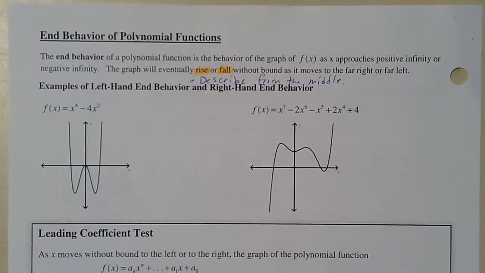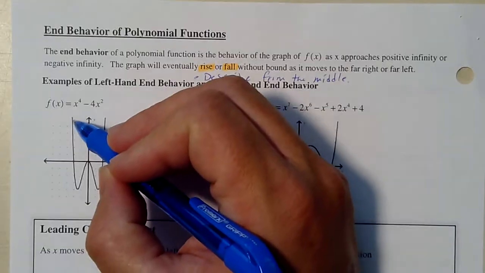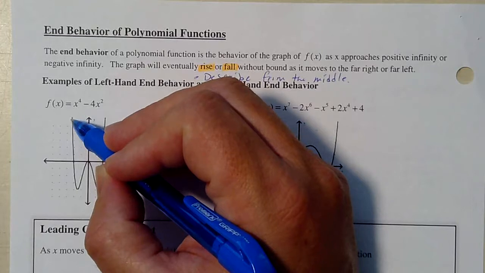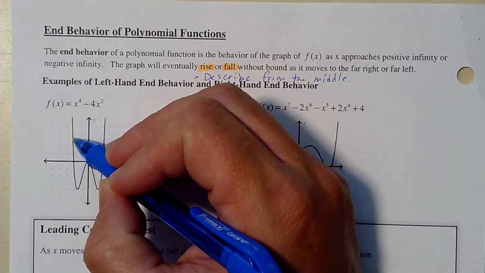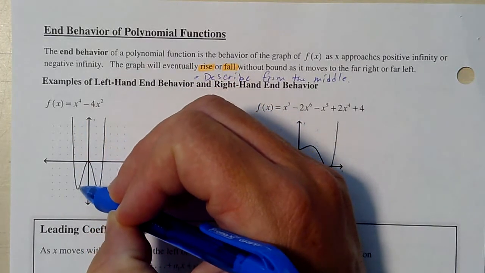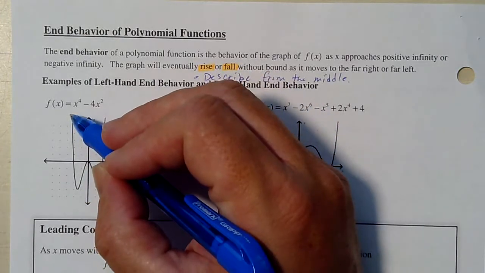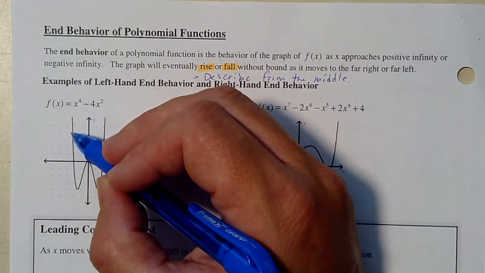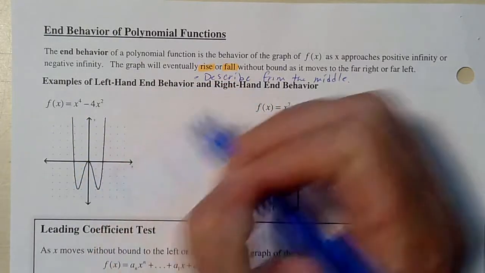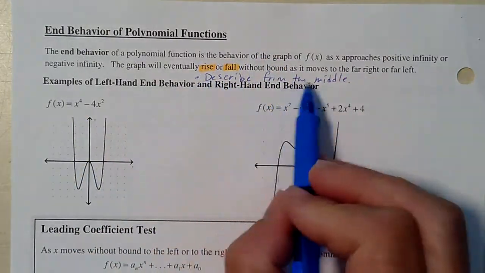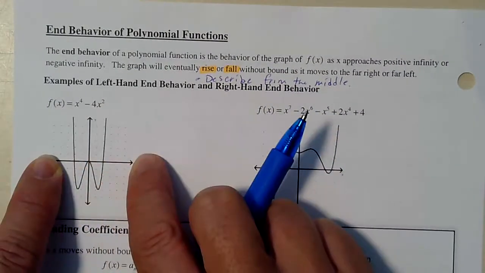So what I mean by that, if we look at this first graph, we've been taught in previous sections that we call this function decreasing from left to right. And now it transitions to increasing, to decreasing, to increasing. So I don't want to do this from left to right and say that that's falling. Okay, we kind of describe the rise or fall from the middle of the graph going out.